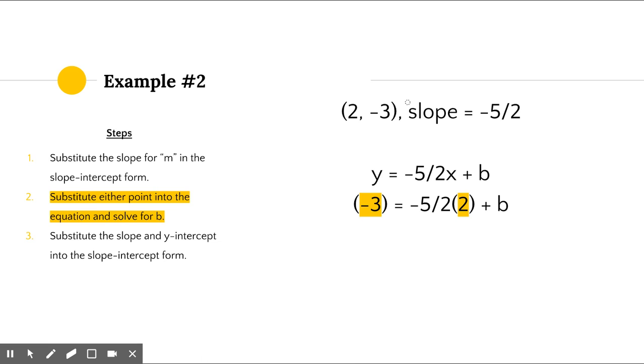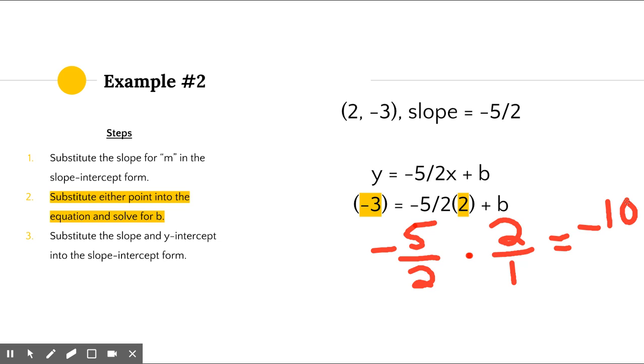Even though this looks really scary, I'll show you how easy the math is, as a fraction review. I've got -5 over 2, being multiplied by 2, which is the same as 2 over 1. Well, -5 times 2 is -10, and 2 times 1 is 2, and 10 divided by 2 is 5, so that's -5.